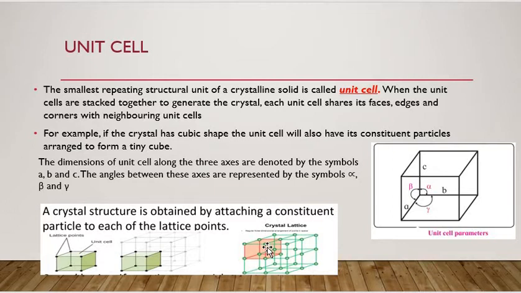If the crystal has a cubic shape, the unit cell will also have its constituent particles arranged in the form of tiny cubes. The dimensions of the unit cell along the three axes are denoted by symbols a, b, c, as you see in the diagram, and the angles between these axes are represented by alpha, beta and gamma. These are all the unit cell parameters.